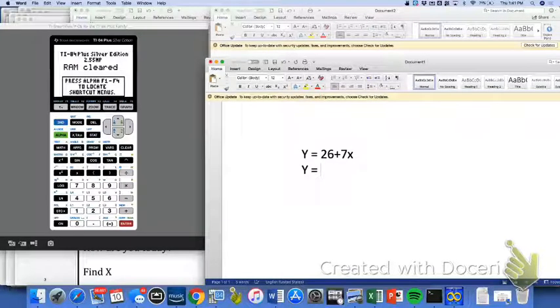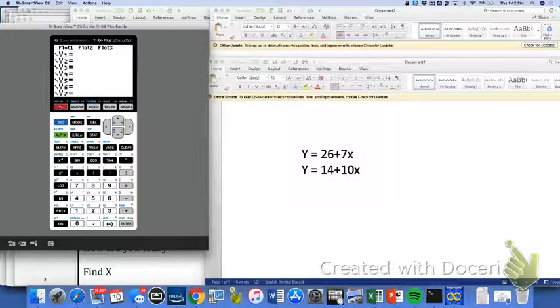And the other one is 14 plus 10x. So in your graphing calculator now, hit your Y equals exactly the way we showed you to type equations into your calculator yesterday. Those are the two equations that represent the money these guys are saving.